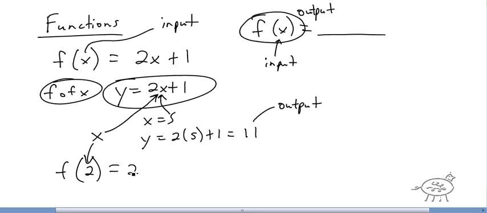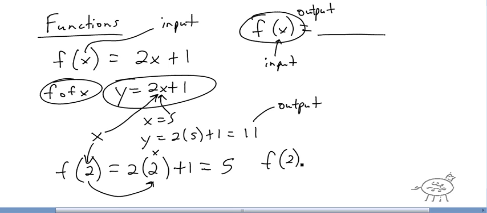So f of 2 is 2 times, well, isn't f of x 2x plus 1? So wherever I see an x, I'm going to put this 2 in there. So 2 times 2 is 4, plus 1 is 5. So f of 2 equals 5.